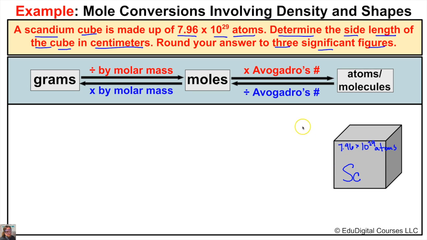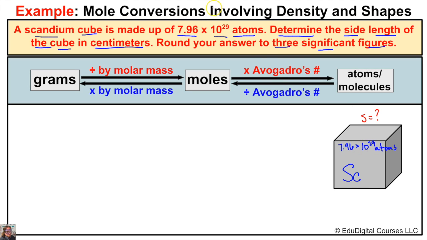And what we're asked to figure out is, what is the side length of this cube going to be if all we know is that it's made of scandium and the number of atoms that it's made up of?